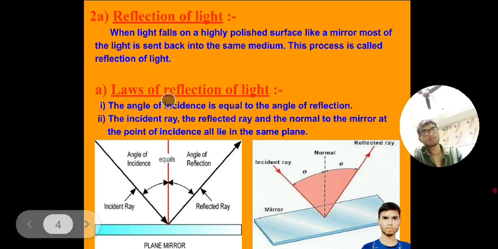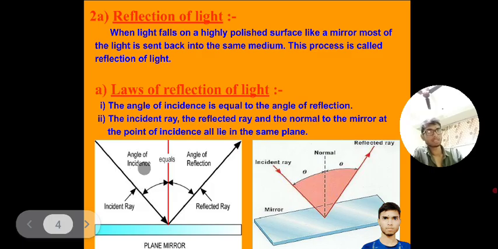Now let's visualize it. As I told you, from here to here will be known as the angle of incidence. From here to here will be known as the angle of reflection. Here we are taking incidence.